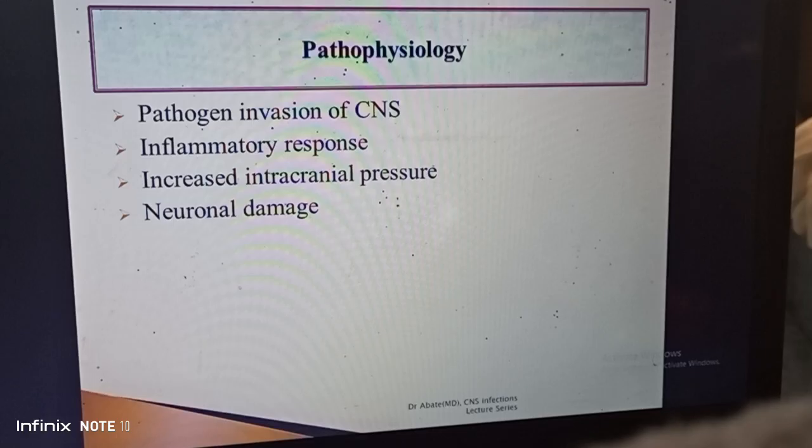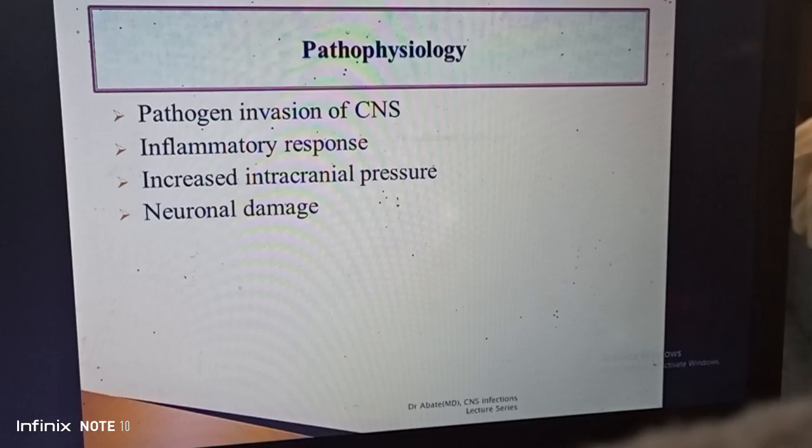Or in some individuals, it could be trauma related, for example in patients with head injury, they might develop meningitis due to local extension. Patients with otitis media, patients with other head and neck region infections may cause meningitis by this local extension of the infection to the central nervous system, and then that may infect the CSF, the leptomeninges.